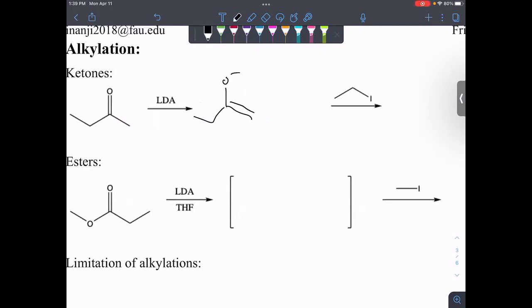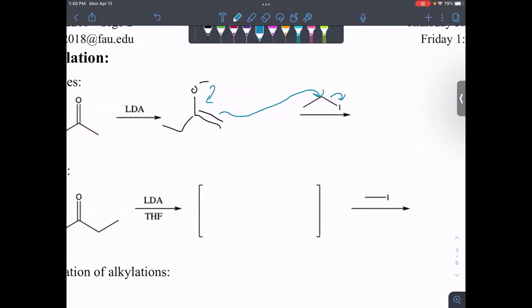Now that you have your enolate, give it an electrophile and it'll attack. Here we have an alkyl halide. The alpha carbon attacks because it has that lone pair on it, and it does an SN2 reaction with the alkyl halide. It goes in from the back, and now you have a new carbon-carbon bond.